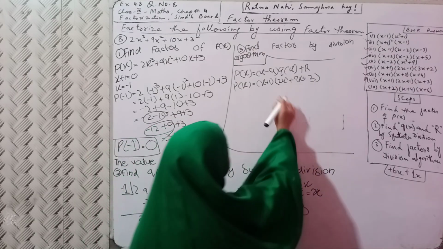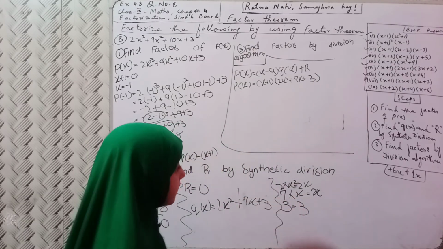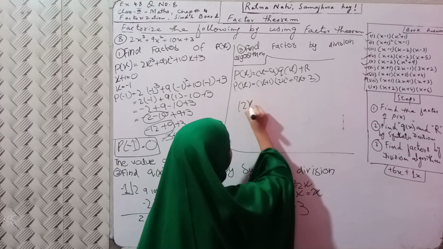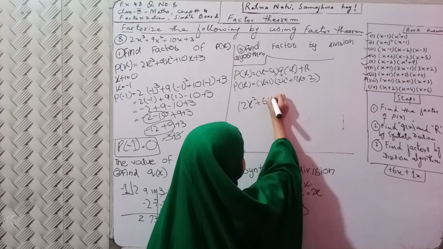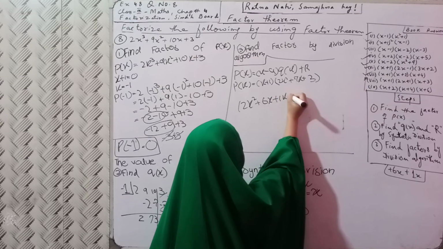Now we will do the middle term splitting of this. I have already found the factor, so the middle term splits as plus 6x plus 1x plus 3.